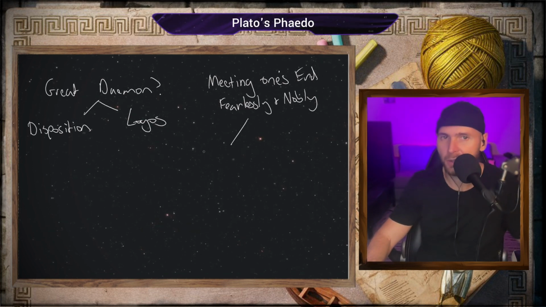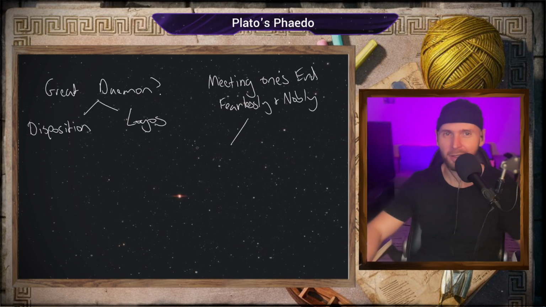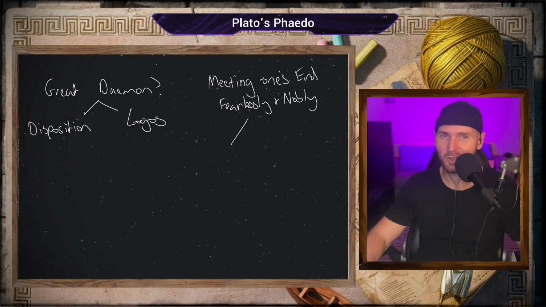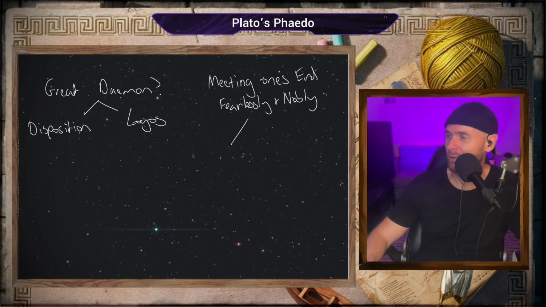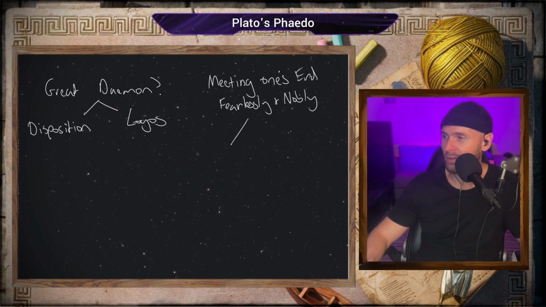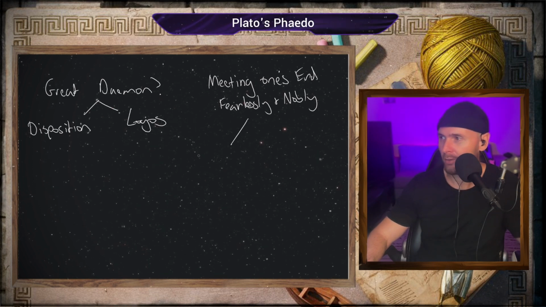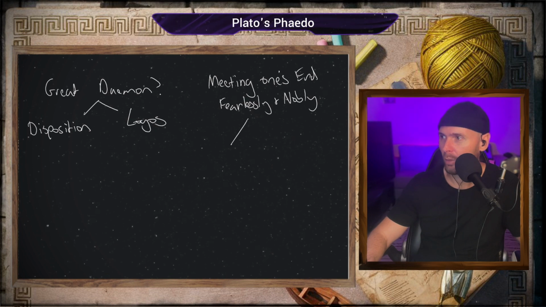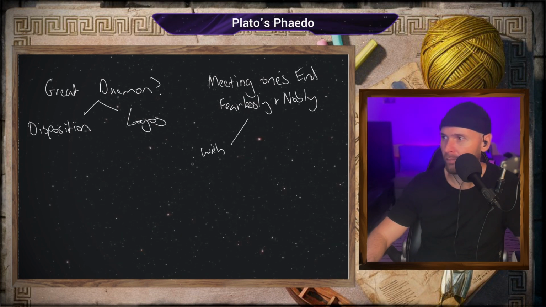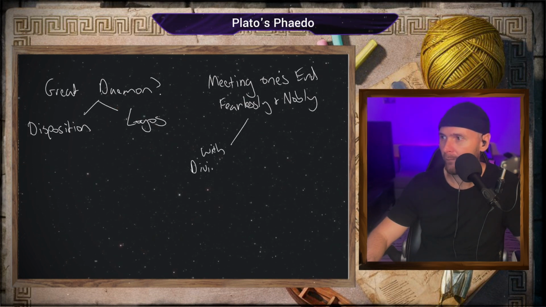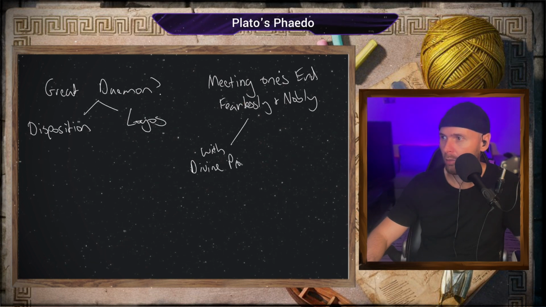So he's not without, so we take out the not. That's one of the tricks. If you want to give an easy puzzle, just add a not in there. So you have to take the not and replace it with what it is. So not without divine providence is the same as saying with divine providence.